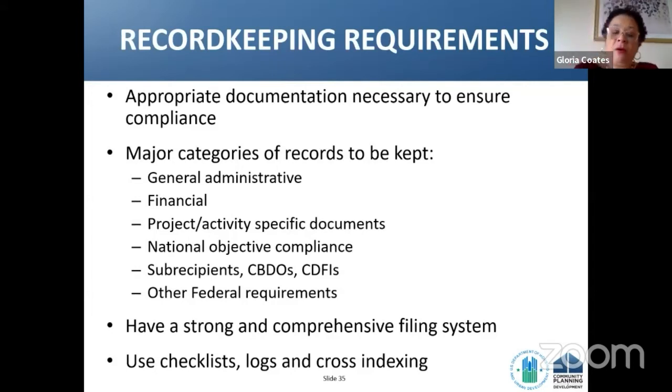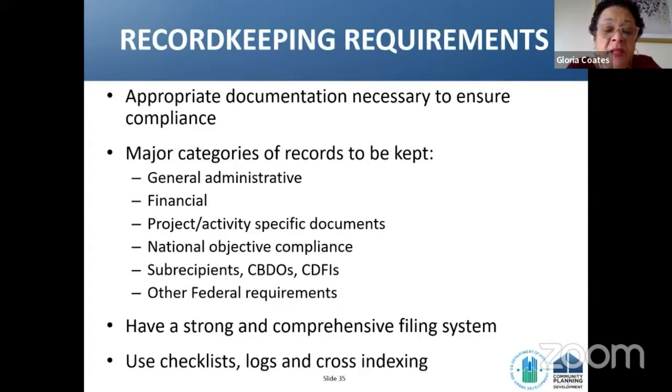But HUD doesn't tell you what to do. It's up to you to determine what you're going to carry out and to be able to document it and have this strong and comprehensive filing system so that when you're monitored and HUD requests records, you'll have all the records you need.